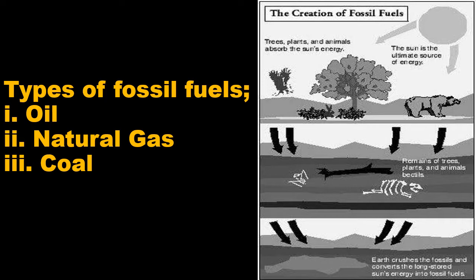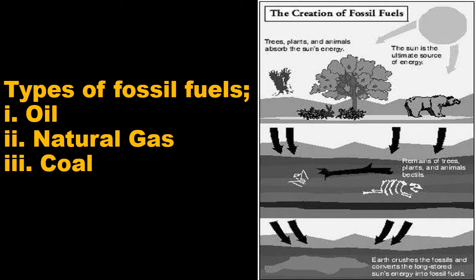How are they formed? Oil is formed from animal and plant remains. As you can see in the picture, remains of plants and animals, when they are being pressed between the rocks or between the layers of the earth for many thousands of years, they form oil.